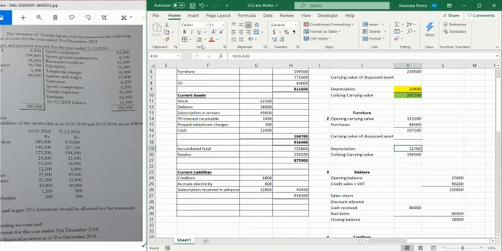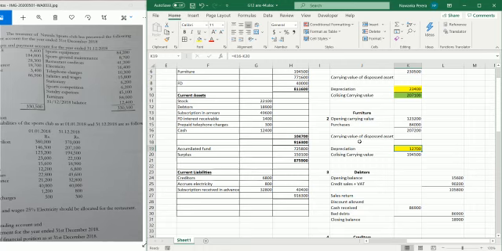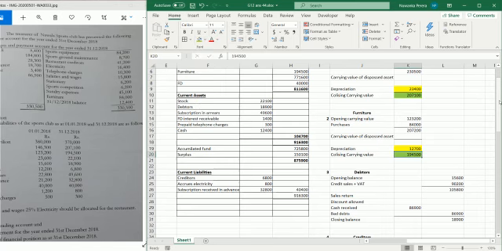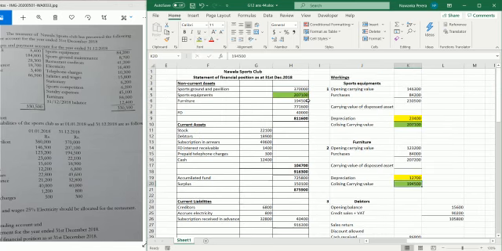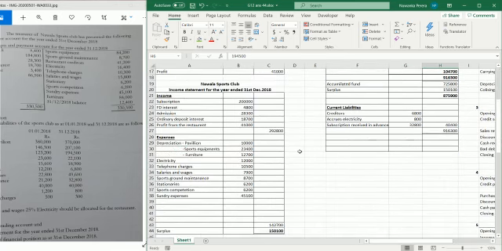Now this has to be recorded in your income statement, and the closing balance has to be recorded in your statement of financial position. Now here I have recorded the closing value 194,500, and then 12,700 has been recorded in the income statement, furniture depreciation.